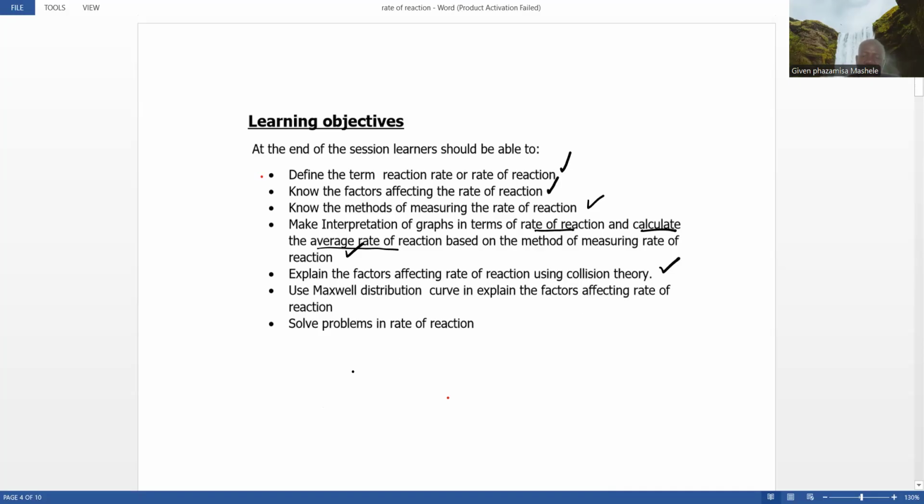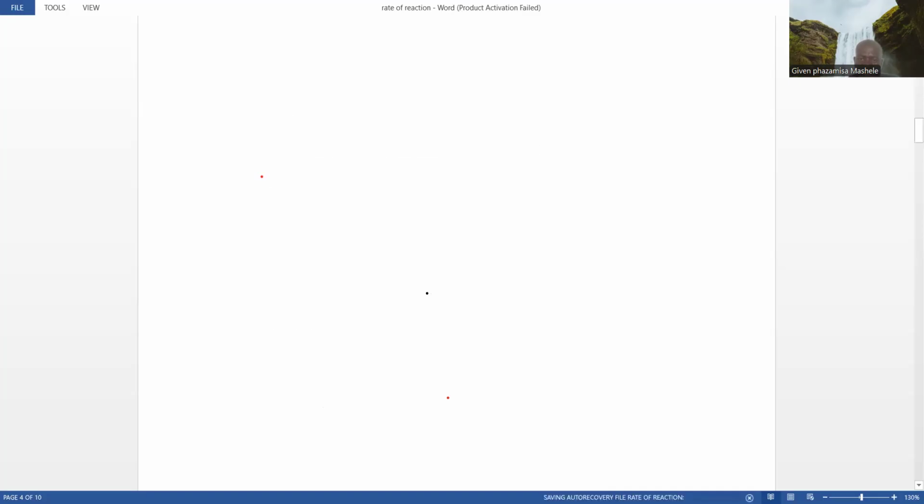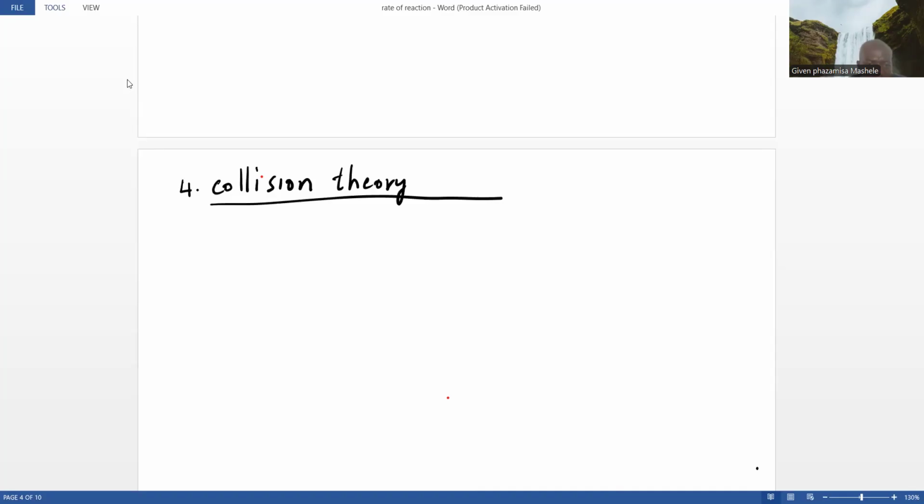Okay, let's talk about collision theory. According to this theory, for the chemical reaction to take place, the theory suggests that the reacting particles must collide with sufficient kinetic energy and correct orientation.